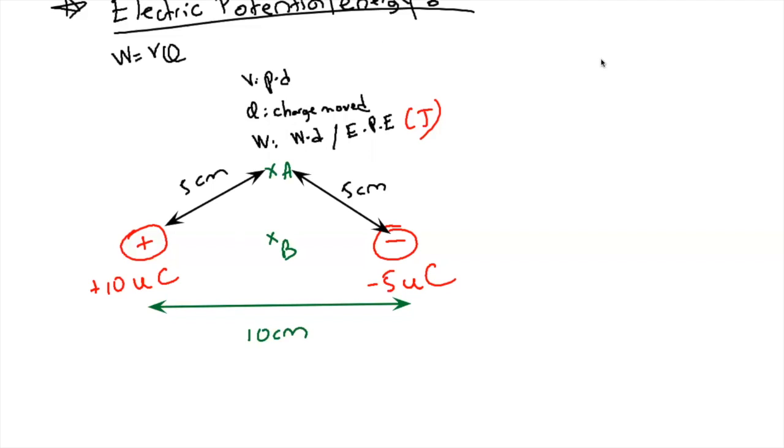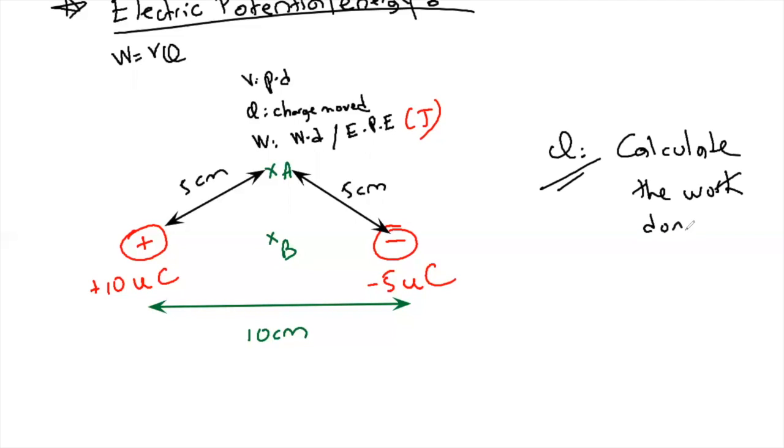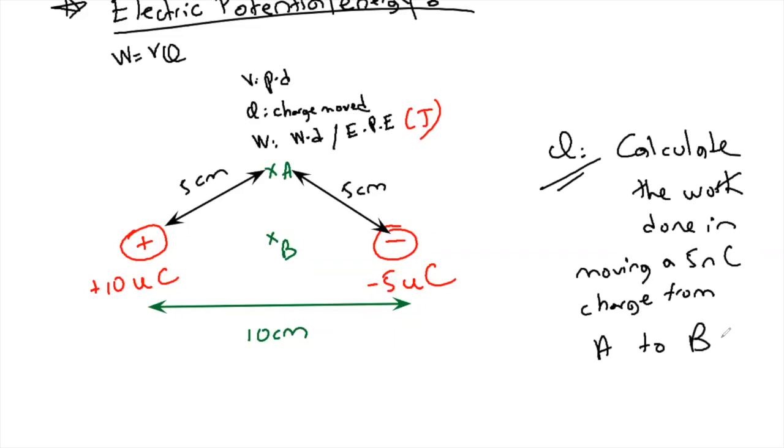Now, we've done a lot of concepts. Let's do a question. Calculate the work done in moving a 5 nanocoulomb charge from A to B. You guys have 2 minutes starting now.